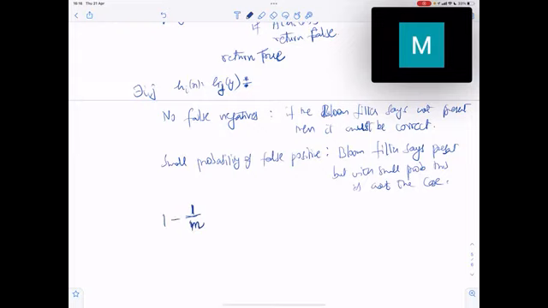So the probability that it is not set is 1 minus 1 by m.